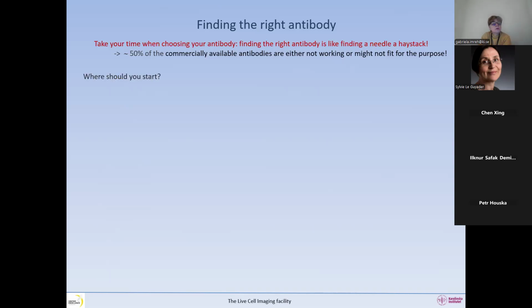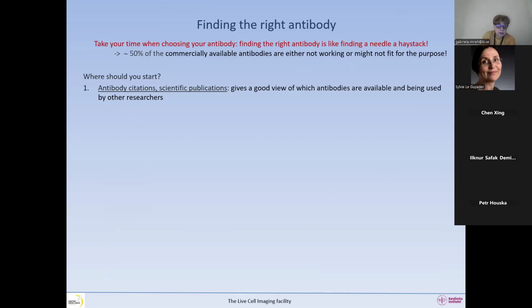Of course, most of us start by looking at antibody citations or scientific publications, which in general give a very good overview of which antibodies are available or have been used by other researchers.